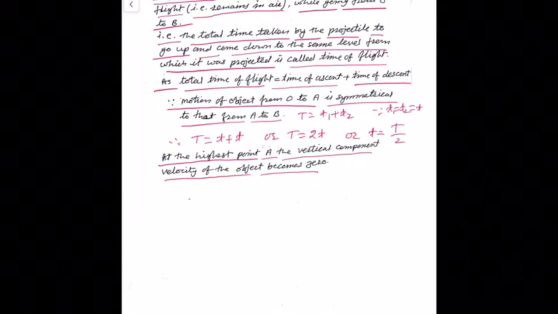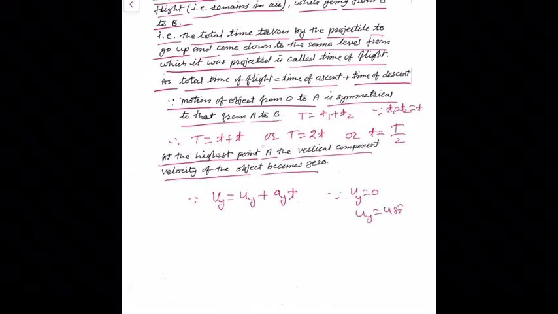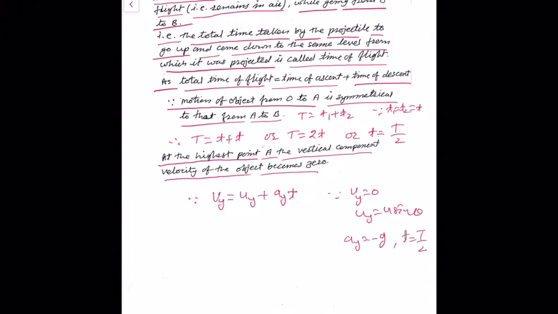For vertical upward motion, since Vy is equal to Uy plus Ayt, since Vy is equal to 0 and Uy is equal to U sin theta and Ay is equal to minus g and t equal to capital T by 2.